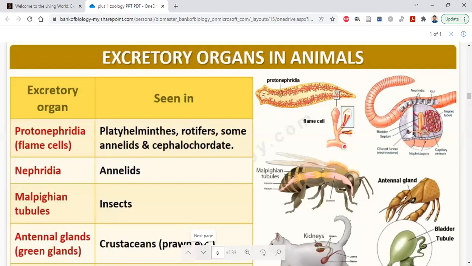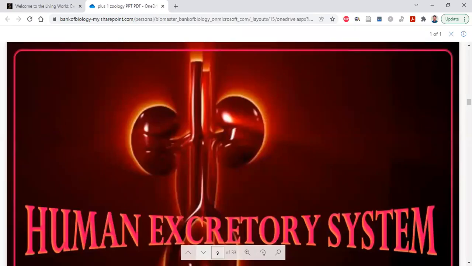In Cephalochordata, usually protonephridia and Bowman's funnel, renal papilla are present, and they are ammonotelic also. The best example is amphioxus.